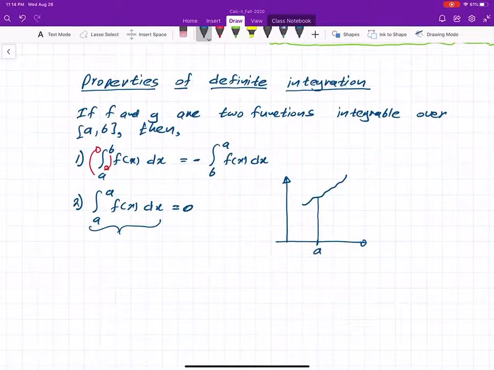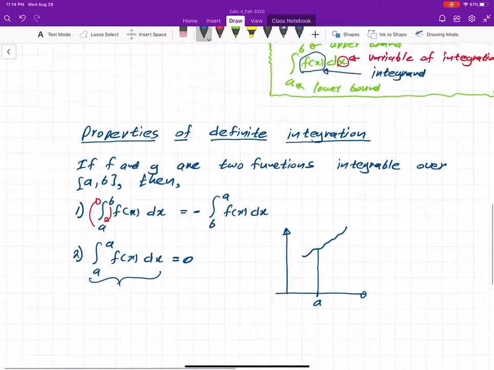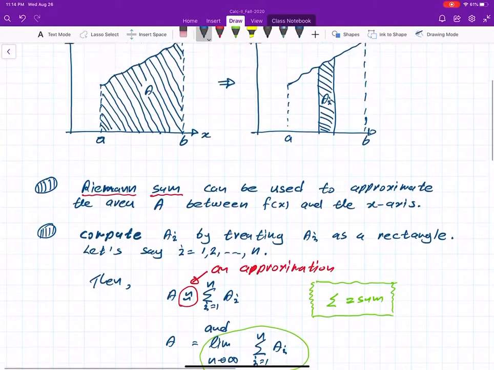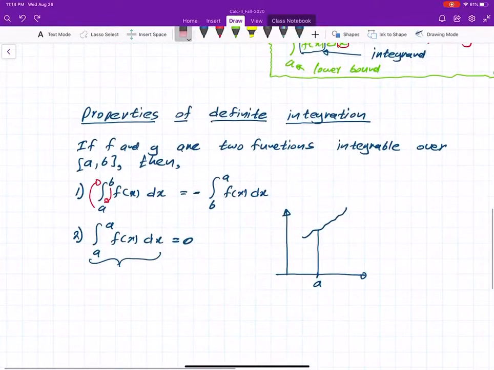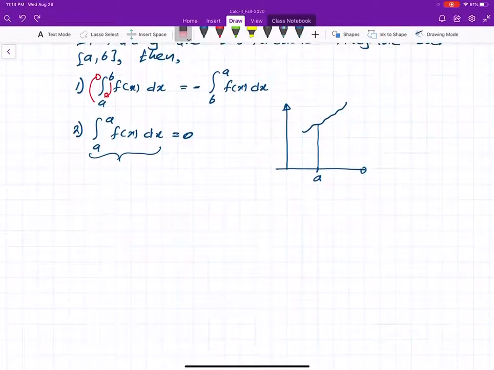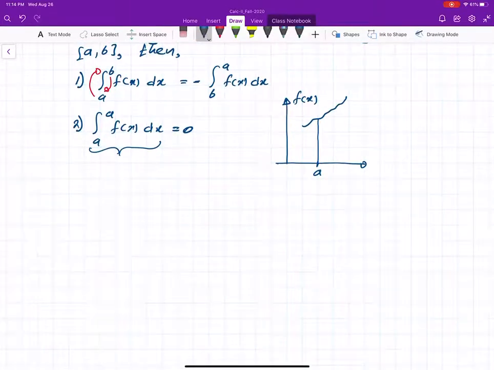So you don't have a proper area like before. What you have is just a straight line. So what's the area of a straight line? Area of a straight line is 0. That's why you get 0. So this is related to that. And then move forward.